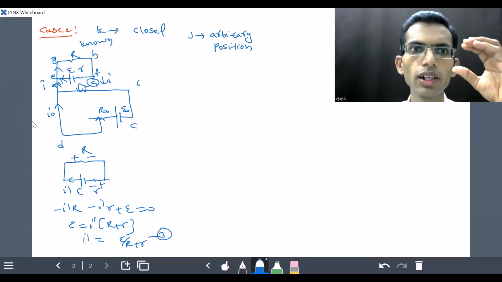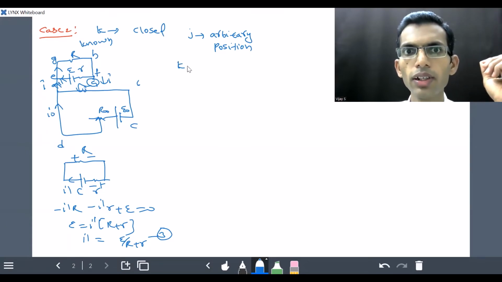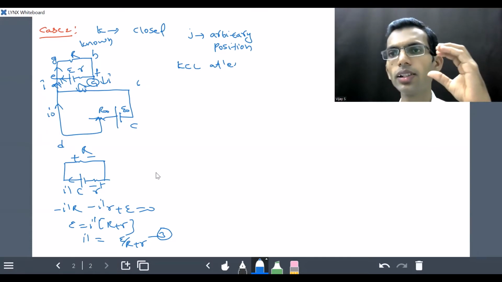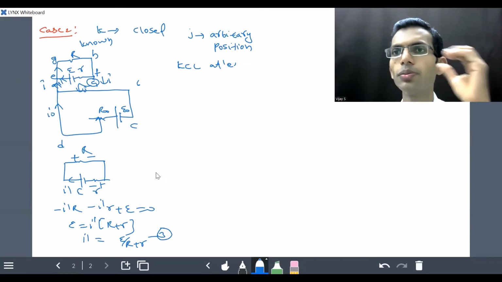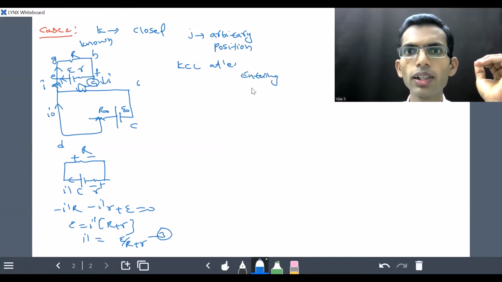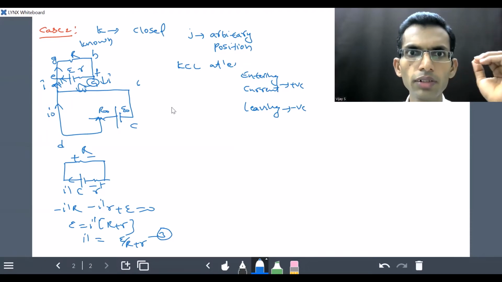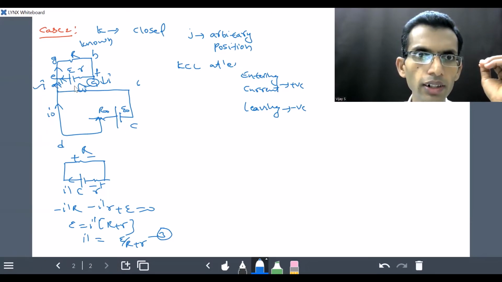For that we need to apply KCL at junction E. KCL states that at any junction, the algebraic sum of the currents must be 0. Let us take entering current as positive, so leaving current is negative. Applying KCL at E, I and I dash are entering currents, so they are positive: I plus I dash.